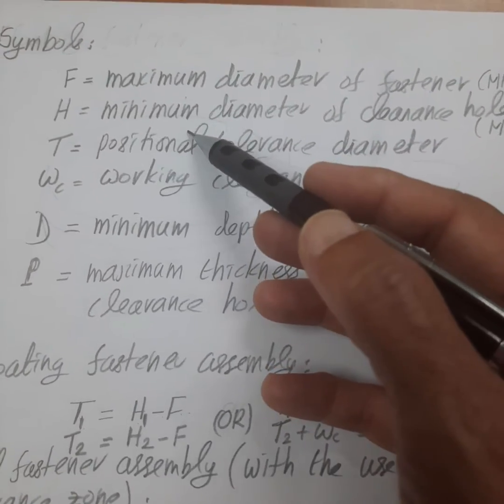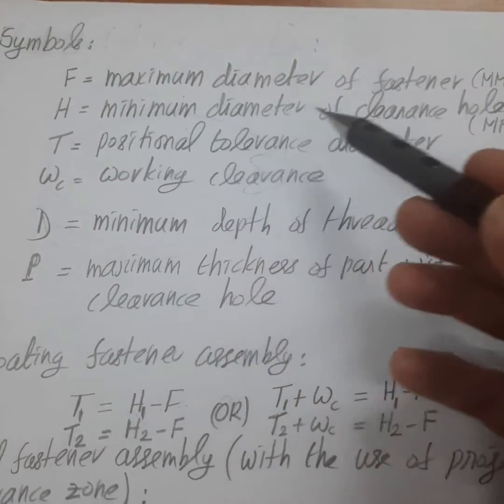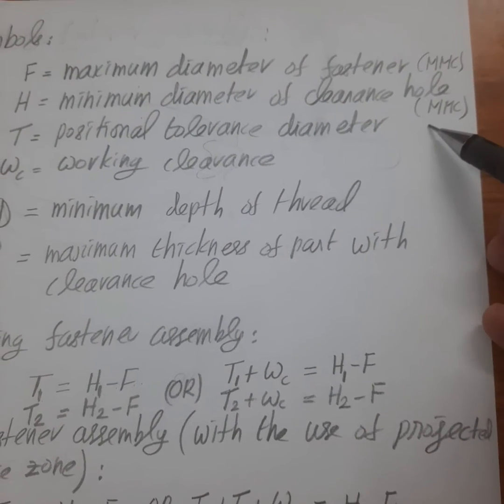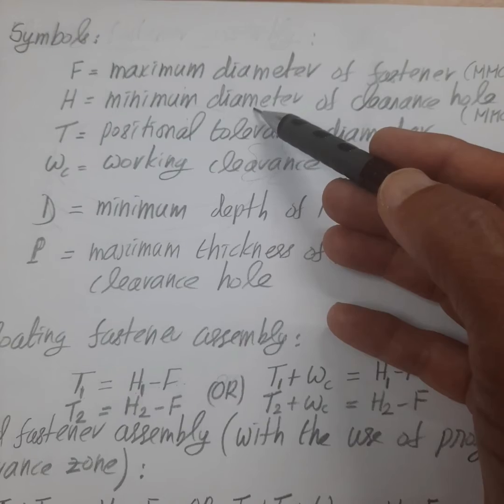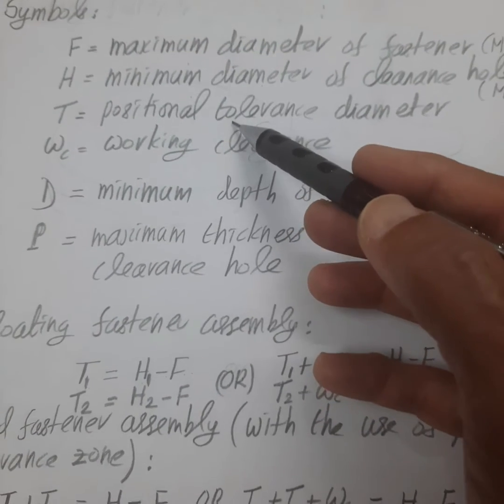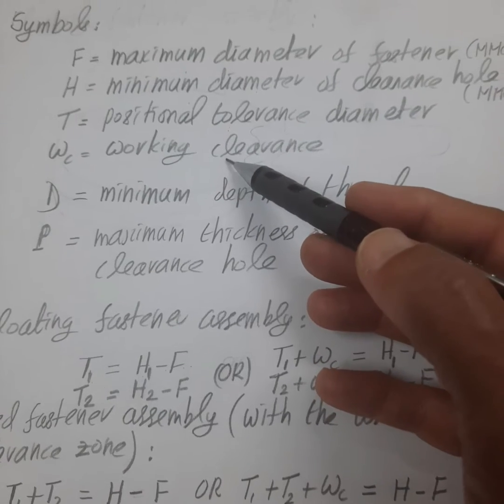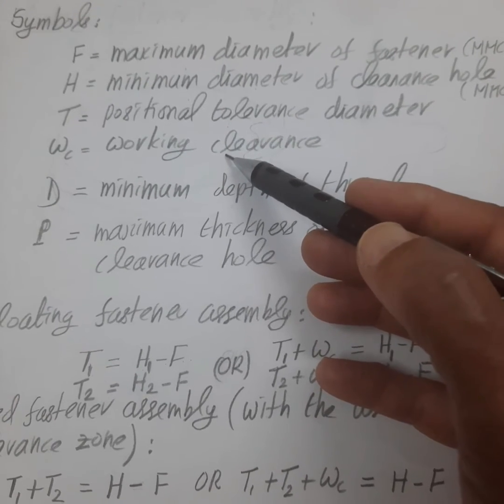H is the minimum diameter of the clearance hole, or you can say the MMC limit of the clearance hole. T is the position tolerance value. WC is the working clearance.